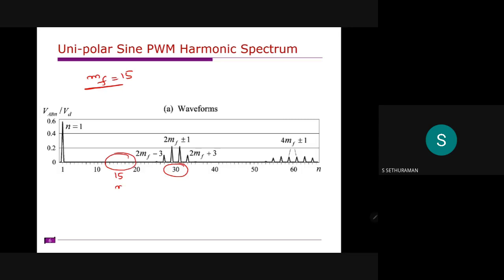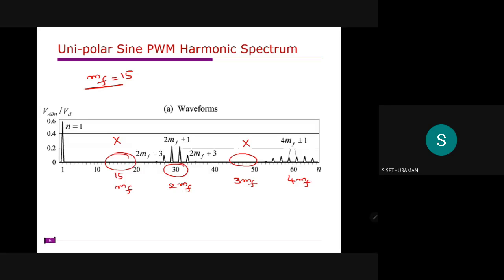This is corresponding to MF, this is 2 MF, this is 3 MF, and this is 4 MF. So corresponding to MF, there is no harmonic. Similarly, corresponding to 3 MF, we have no harmonic.